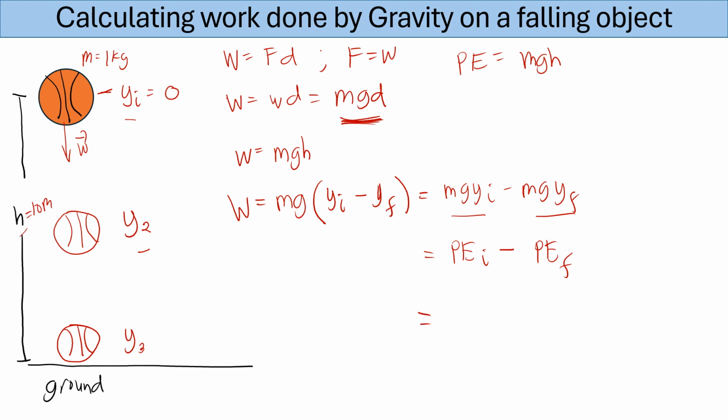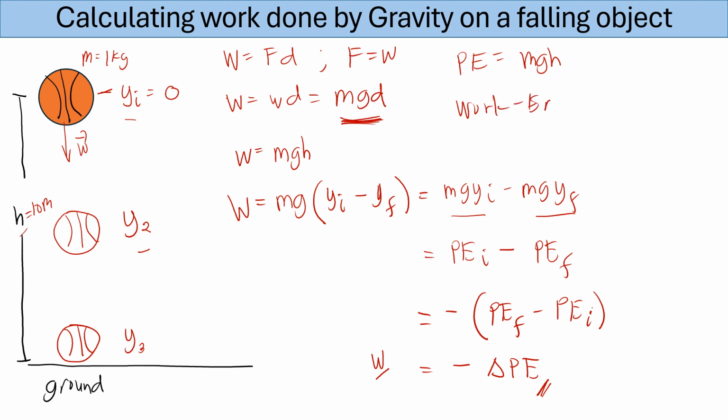We can rewrite this as negative of PE final minus PE initial, and finally we can write that the work done on the falling ball will be the negative of the change in its potential energy. So you have here the relationship between the work done and the potential energy. Still it follows the work-energy theorem.